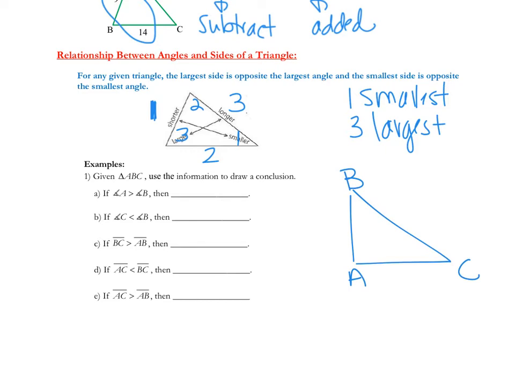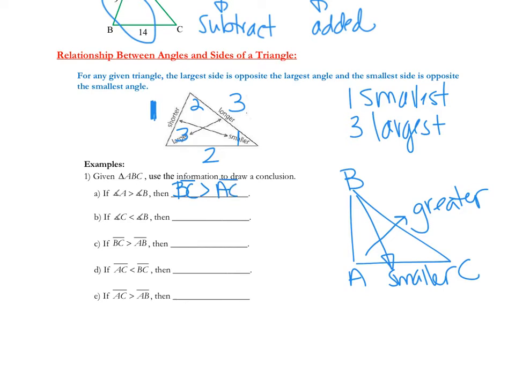So A is greater than B. So then that means that this side would be greater than the side across. So if angle A is greater than angle B, then that means the side across from A is greater than the side across from B. So we can conclude that BC is greater than AC.